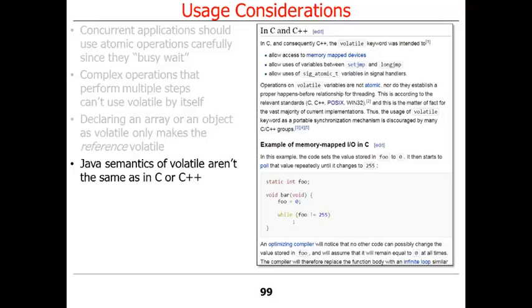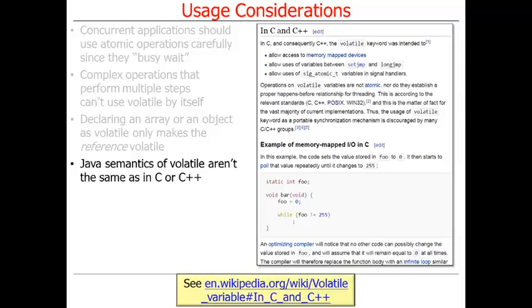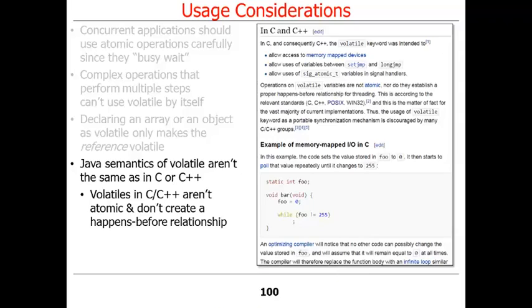Another thing, a sort of side note, I won't spend much time on it: C and C++ also have the concept of volatile. Sometimes people think that C and C++ volatile semantics are the same as Java's. That's not the case. In C and C++, volatile doesn't give you atomic behavior, and it doesn't give you the happens-before relationship.